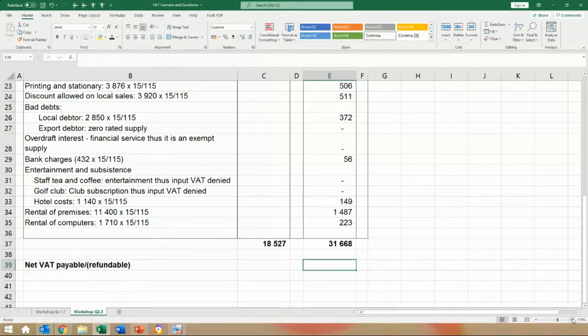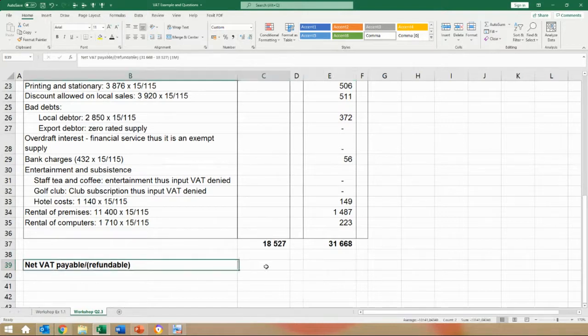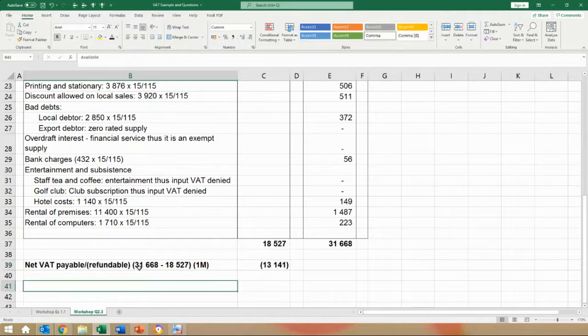Now we know it's a refund because the input VAT is bigger than the output VAT, which will result in a negative amount. So if you take the input VAT, which is more than the output VAT, you will get a negative figure.